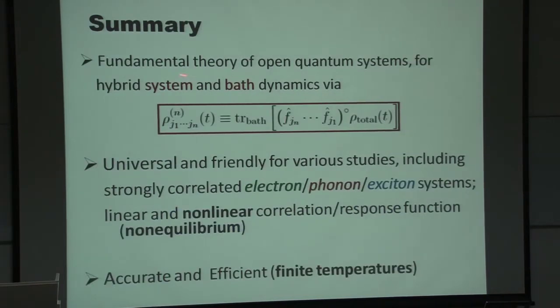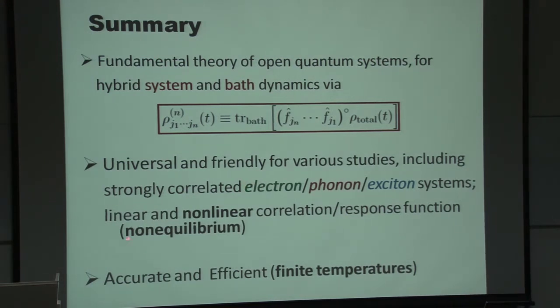Okay, as a brief summary, this is a fundamental theory for open quantum systems, and this is dynamics. Actually, it can describe hybrid system and bath dynamics, not only system dynamics. And this is universal and friendly, used for various studies, including strongly correlated electron, phonon, and exciton systems.